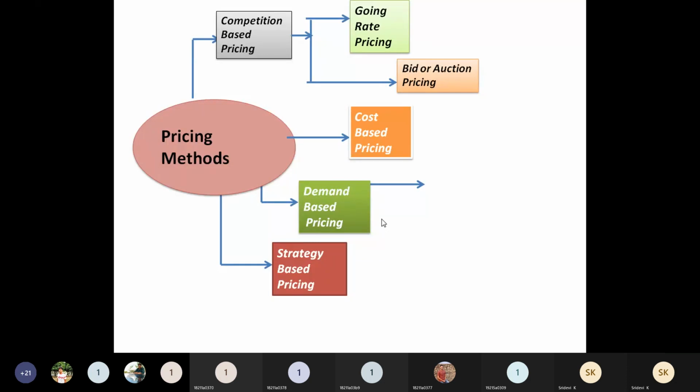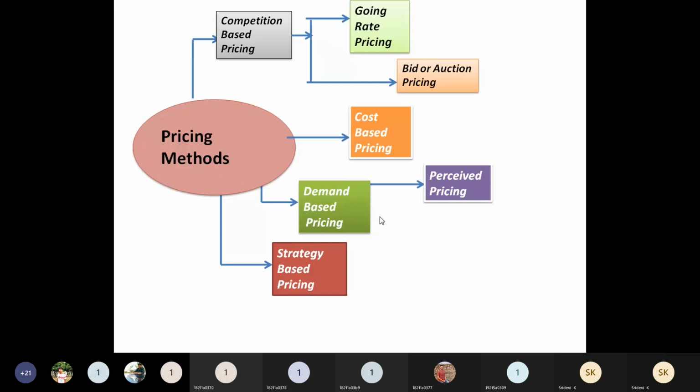So when we consider the demand, what are the different techniques that are available? Let us see that. Under demand based, one technique is perceived pricing. Perceived pricing means if the customer knows about that product or knows about the price, he will be charged the proper price.